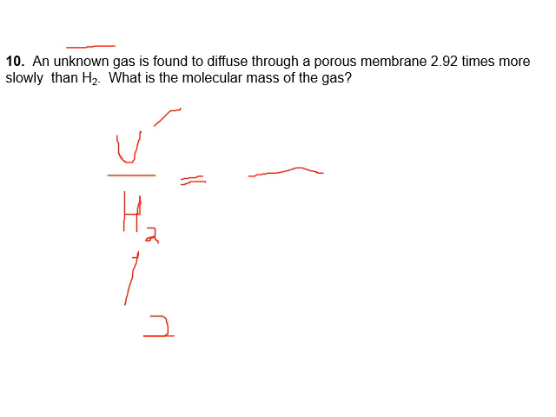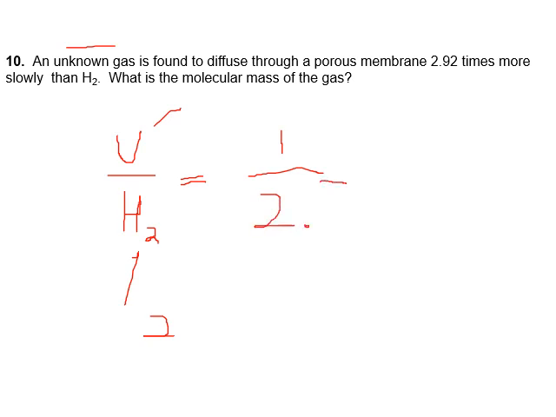So the one that goes slower, which one do we want to put that on? Do we want that on the top or the bottom? The rate of diffusion for the top thing will be 1/3. So I'm going to write the 1 on the top and the 2.92 on the bottom.